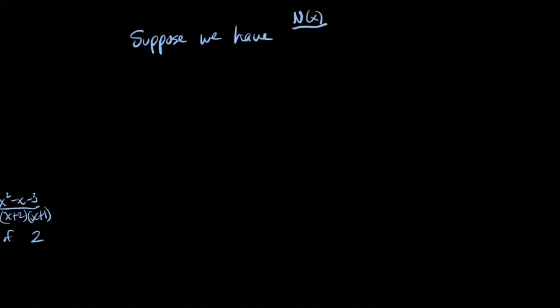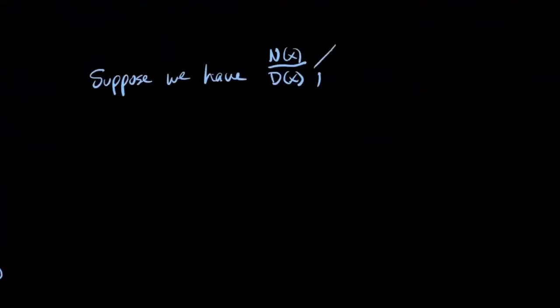And on the bottom, we have the denominator polynomial, d of x, we'll call it. And we're going to also suppose that the denominator has a higher degree than the numerator. So the degree in the denominator is larger or equal to, I think I said that backwards at one point.